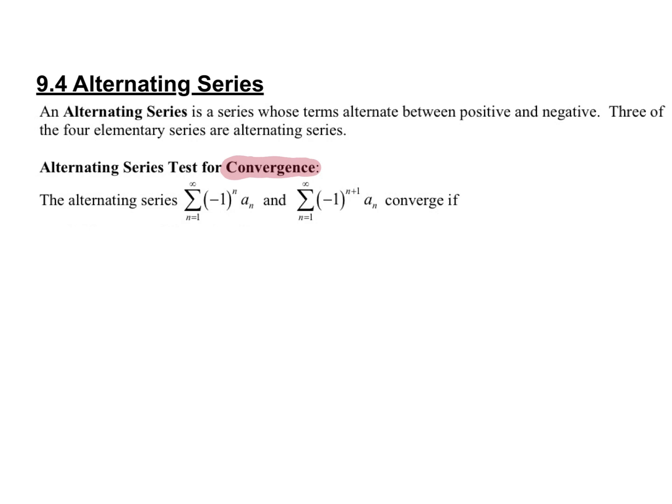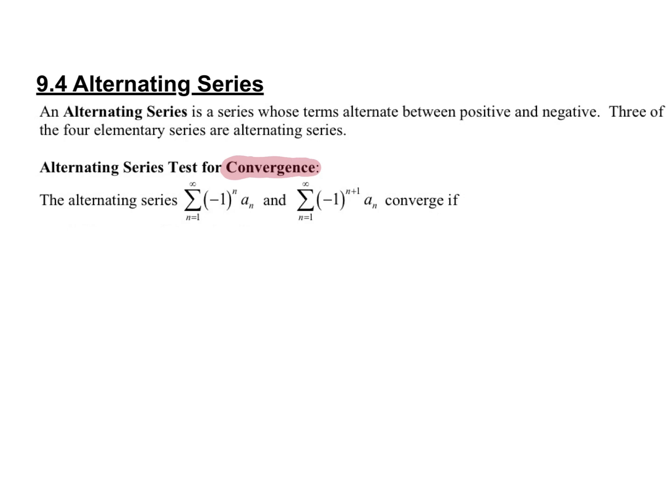So here are the conditions. The reason they wrote both of these is that if there's a shift, you might want the first term to be positive or you might want the first term to be negative. That's the only difference between these two.